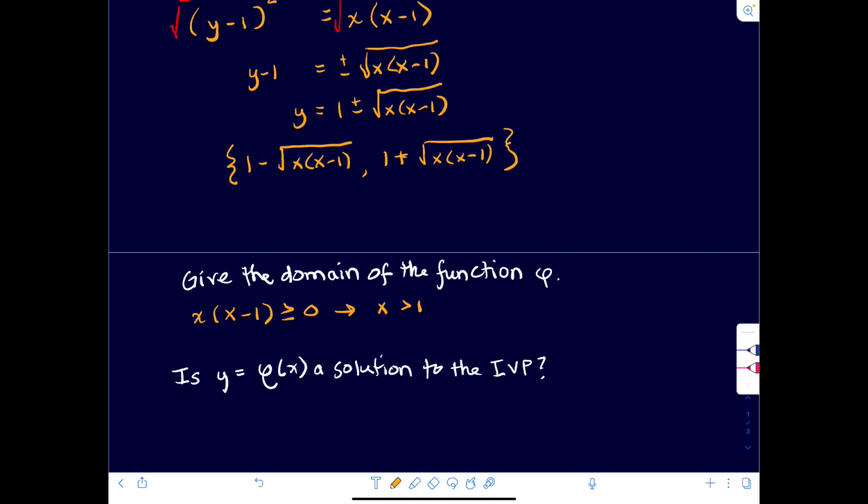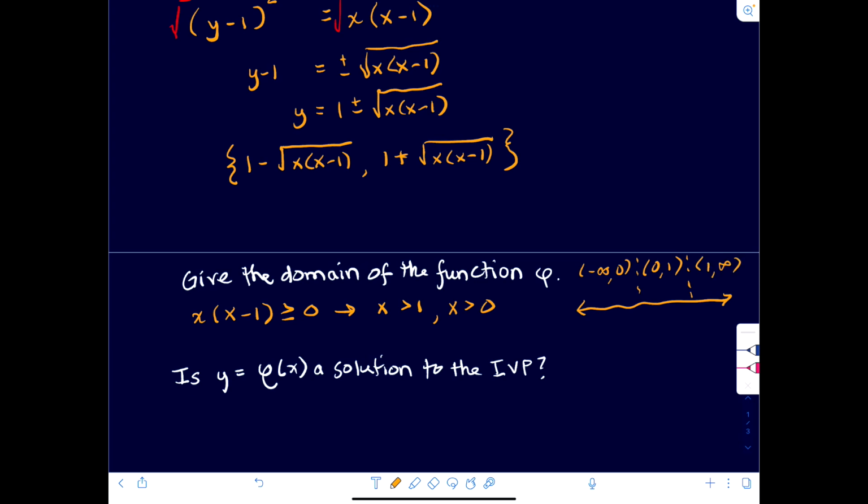So x has to be greater than 1, or we have to look at between 0 and 1, and between 0 and 1 is not going to work. I'm thinking of this in intervals: minus infinity to 0, 0 to 1, and 1 to infinity.